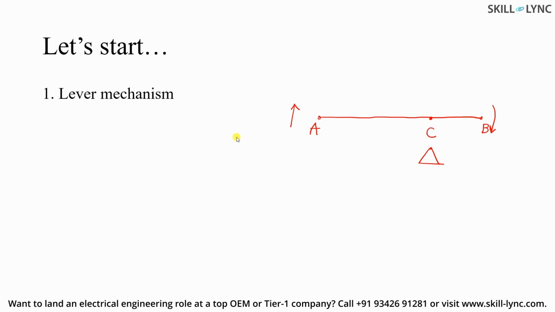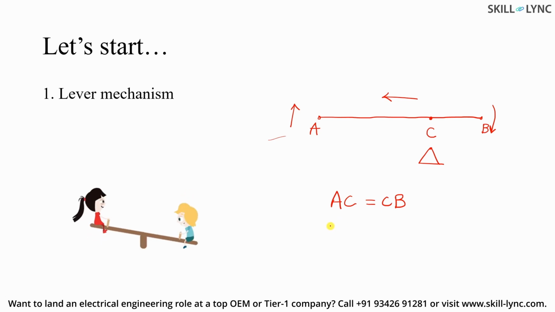For more clarity about the lever mechanism, if I shift this C point to the middle, where AC equals CB, both lengths being equal, then it's going to be a typical case of a seesaw.